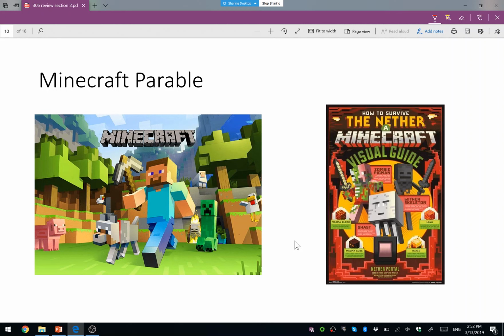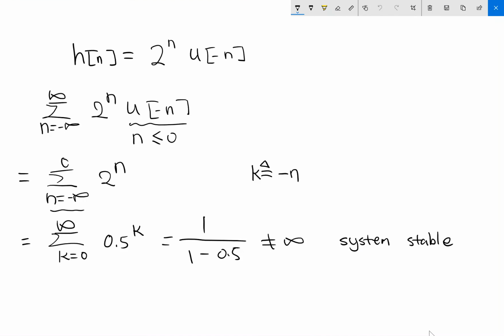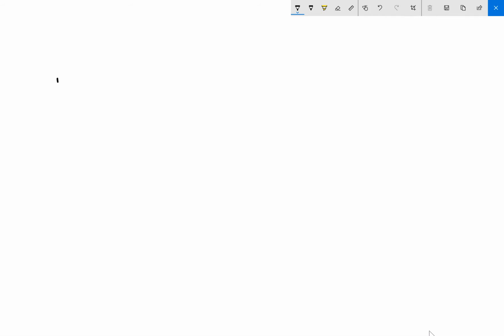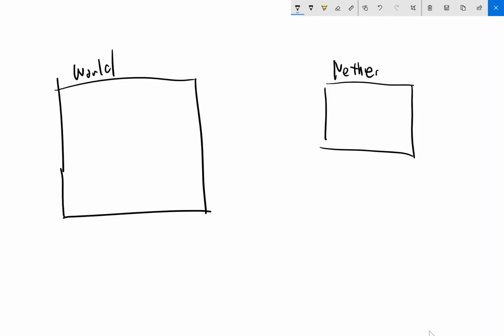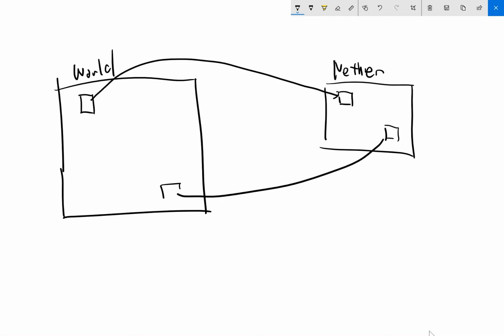It's like another world, and they have some relationships. This is the real world, and this is the Nether. You can open up a portal like here, and by the portal you can go into the Nether, and you can open up a portal in the Nether and go back to the real world.